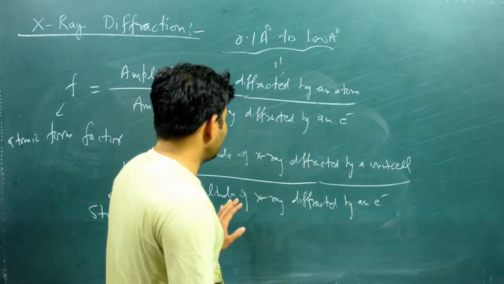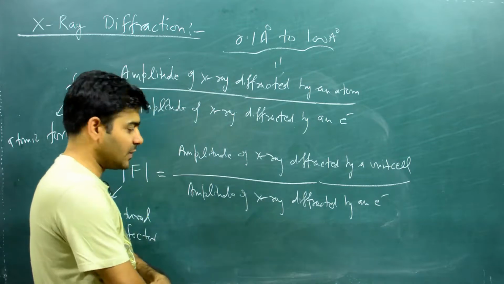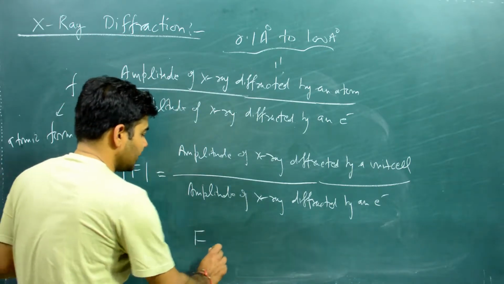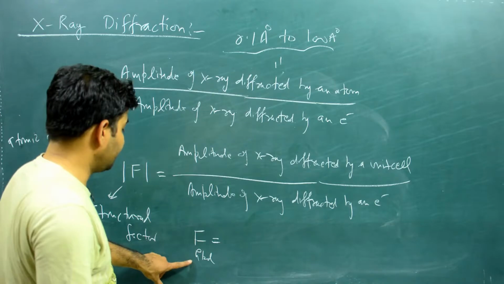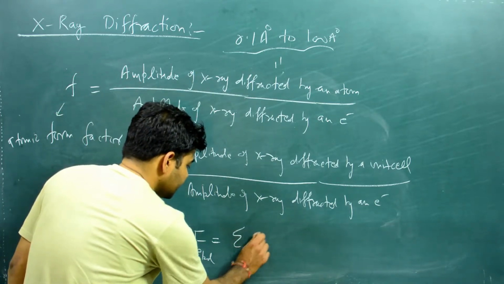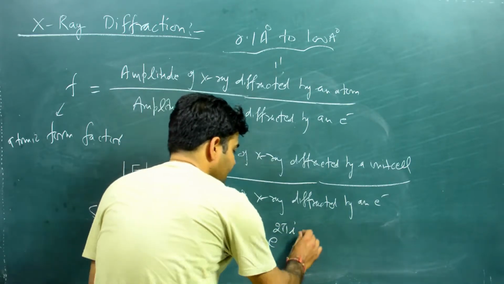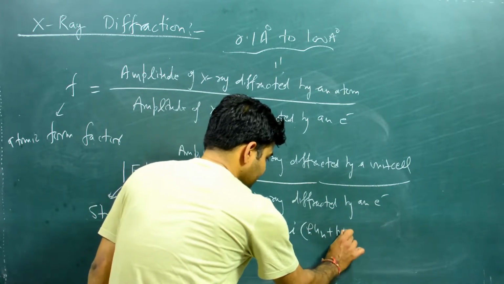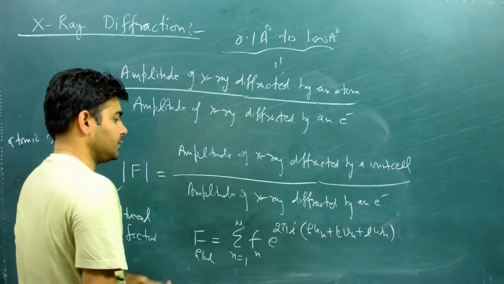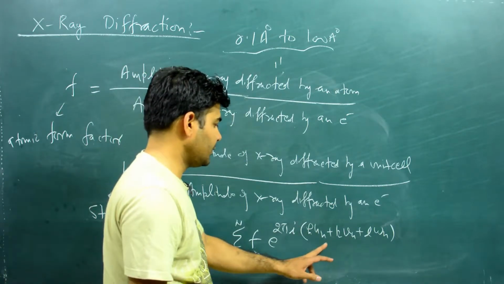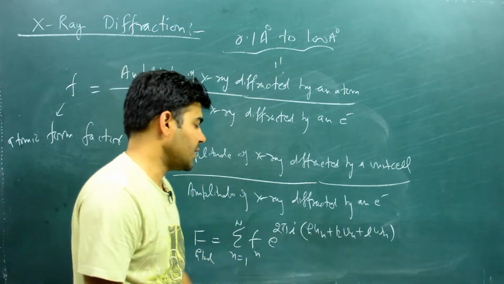Okay, we'll see that. So when we find this ratio and do the mathematics, we get the relation that F, that is F_HKL for the crystal plane with Miller indices HKL, is equal to the sum of f_n e^(2πi(hu_n + kv_n + lw_n)), where n runs from 1 to capital N. Here u_n, v_n and w_n are the coordinates of the atoms, and h, k, l are the Miller indices of the plane.